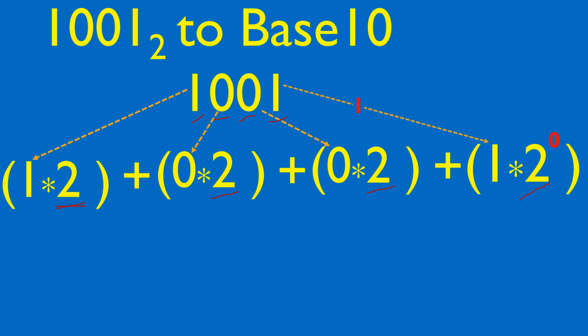And then we move to the left, we assign 1, and then we assign 2, and then we assign 3. And once we simplify this out, that will give us our conversion from base 2 to base 10. So on the left hand side, we have 1 times 2 raised to the power 3. And we know that 2 raised to the power 3 means 2 times 2 times 2, and that gives us 8.